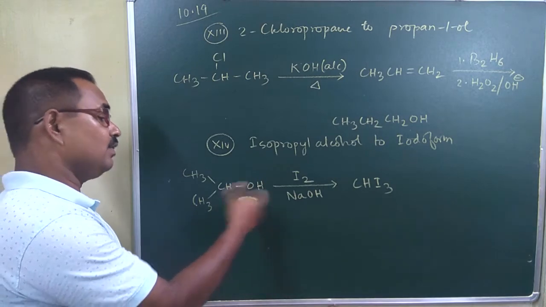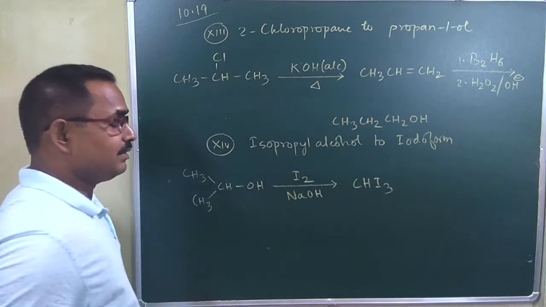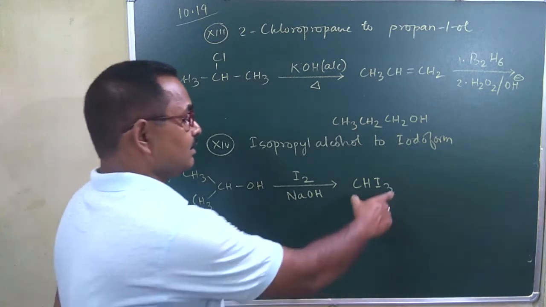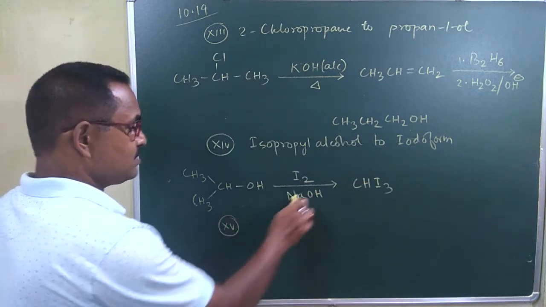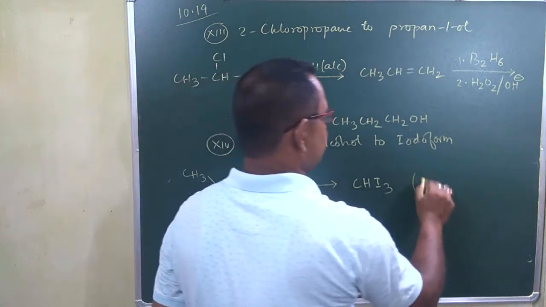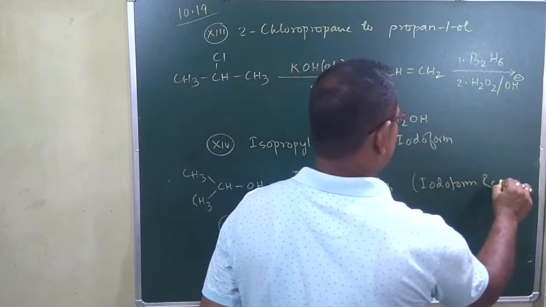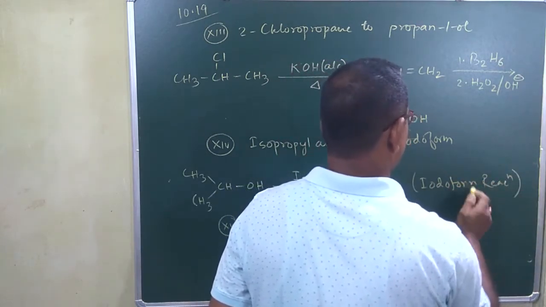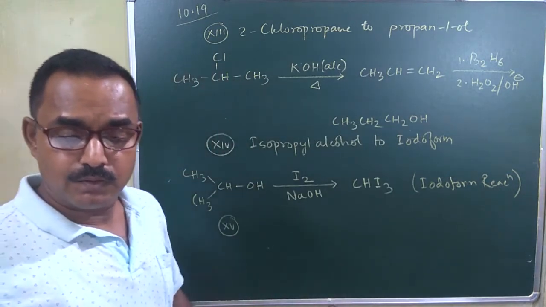Isopropyl alcohol or acetone when treated with iodine and sodium hydroxide solution will give iodoform. This reaction is called iodoform reaction. Okay. Come to the next.